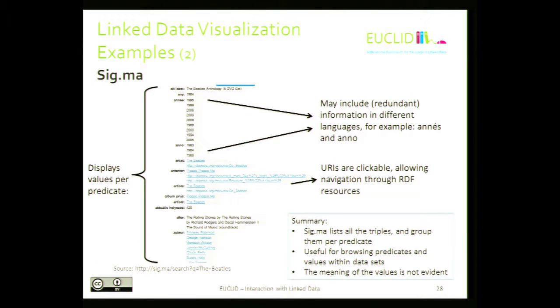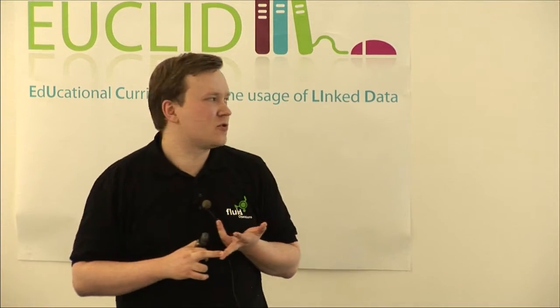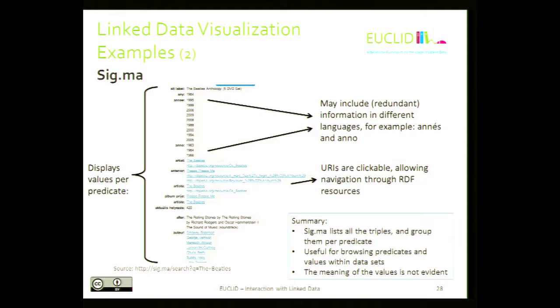A text-based RDF browser certainly has its strength when it comes to getting a raw overview of the properties available in your data set. You can quite easily see, for example, property artist is available, property after, property whatever.